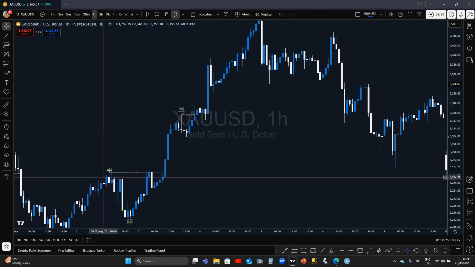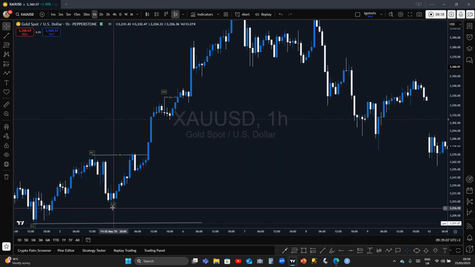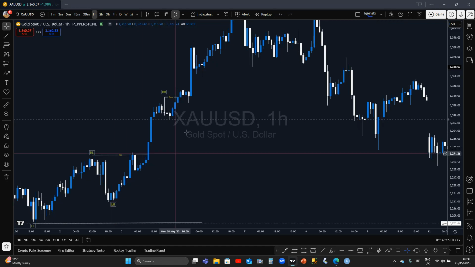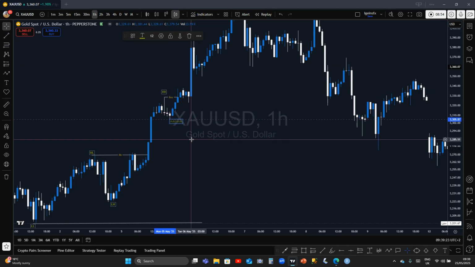Just like this high was violated and it created another high. It pulled back to support level and it created a higher low.